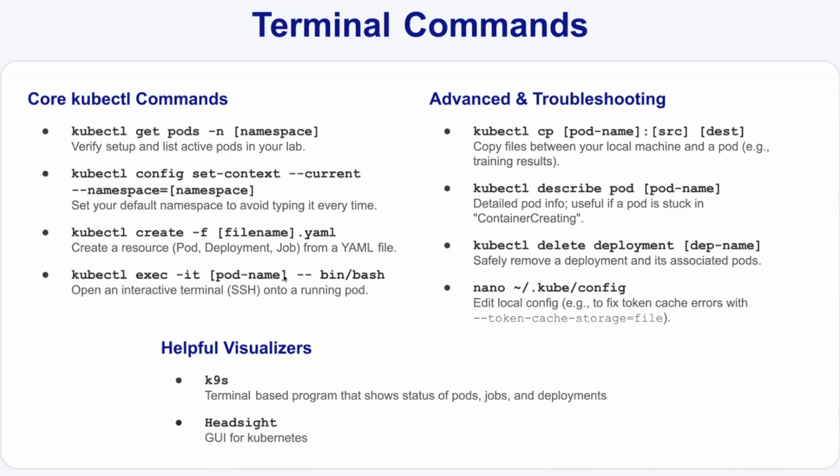Because I just can't memorize it, but that's the command so that you pretty much SSH into the pod, so you can run your experiments and whatnot. And then once you're done with your pod or deployment, you do kubectl delete deployment, and then you put the deployment name as well. Similarly, if it's a pod, you put the pod name and replace deployment with pod.